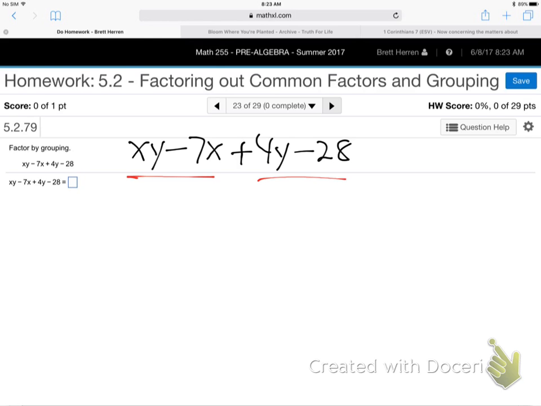So those first 2, what do the first 2 have in common? X. Take it out of the first 2. Good there? Don't forget the plus sign in the middle, really important. Okay, back 2. What do they have in common? 4.